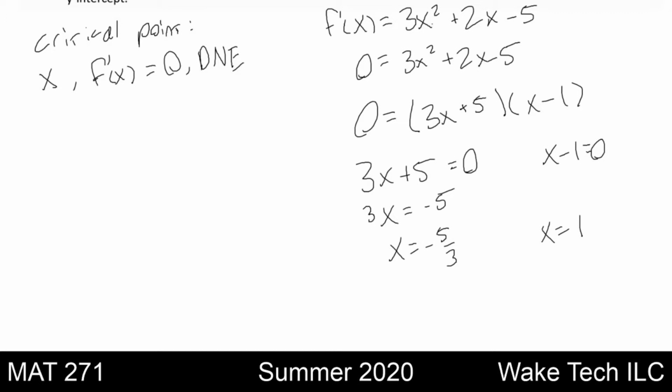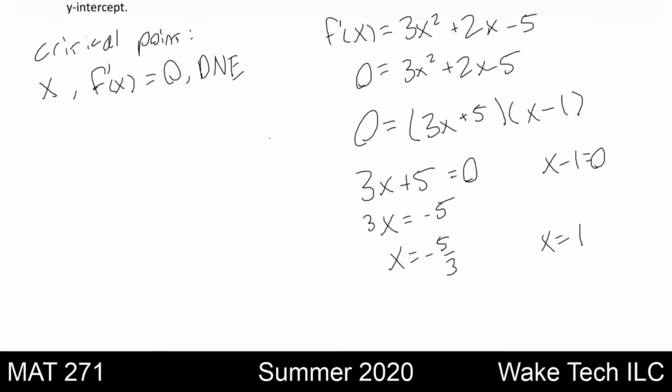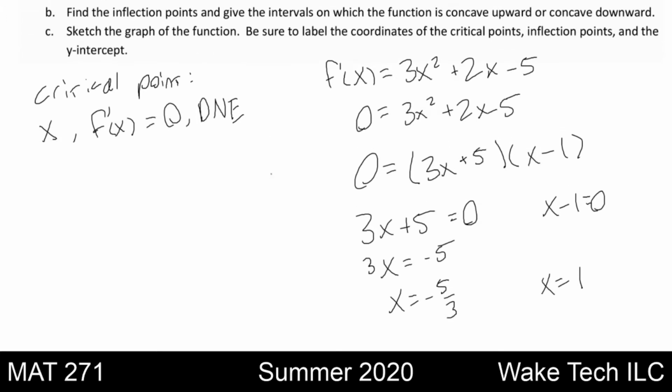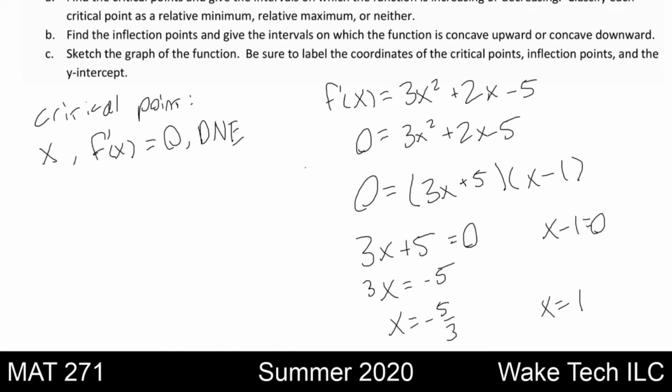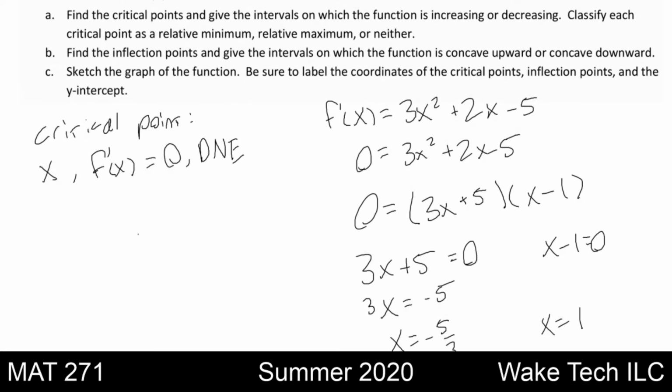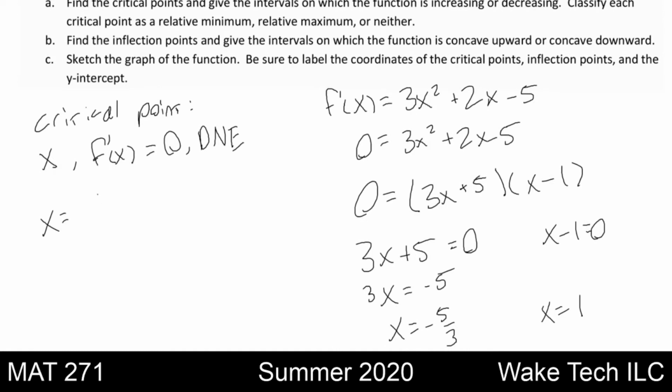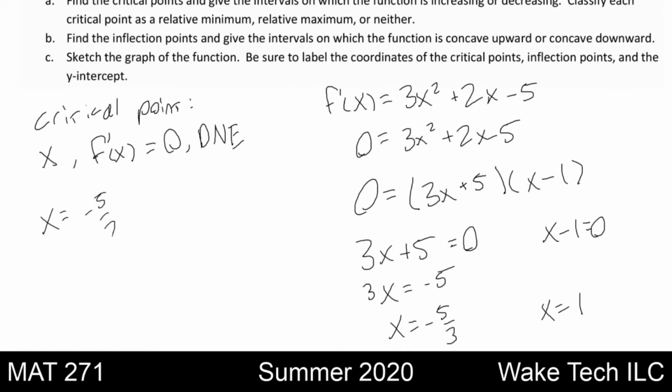Well, polynomials, such as this quadratic, always exist, so there is no point at which they do not exist. There is no vertical asymptote or anything like that. So the DNE case does not matter for us, and we just care about these two numbers. These are our critical points: x equal to negative 5/3 and 1.